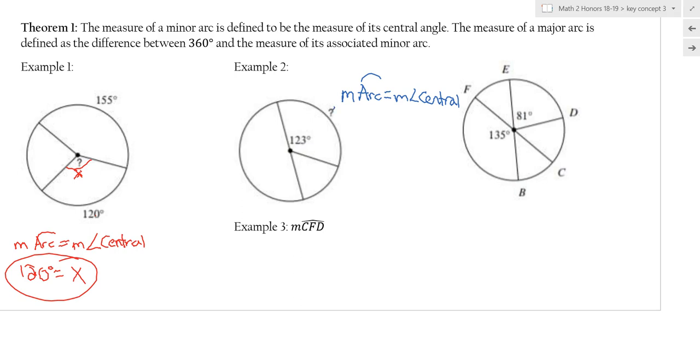My arc here is x, right? I don't know what it is. My central angle is 123 degrees.